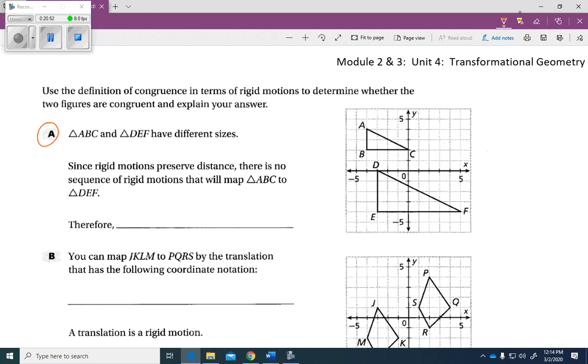So since rigid motions preserve distance, there is no sequence of rigid motions that maps it. Therefore, triangle ABC is similar to triangle DEF. A dilation must have occurred. So they're not congruent, they're similar.